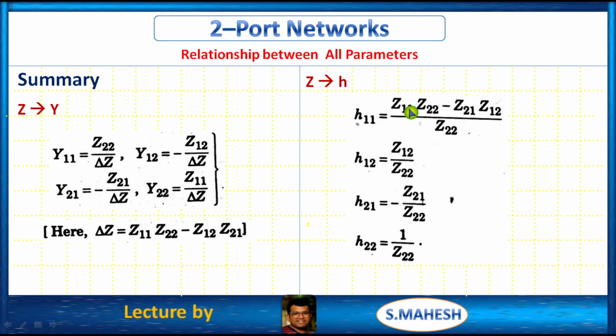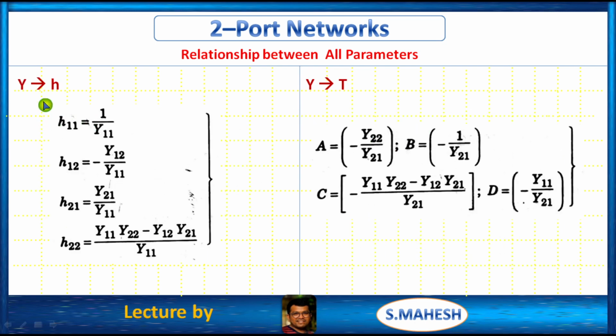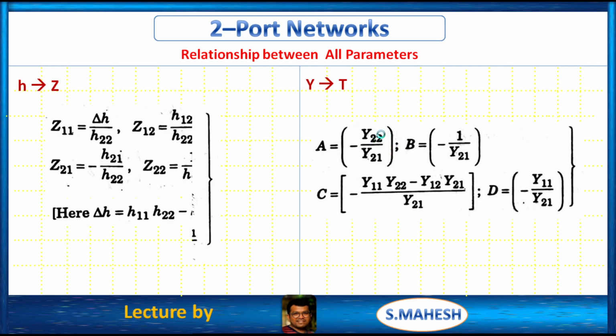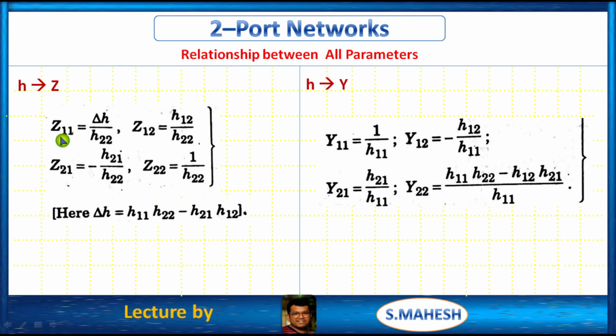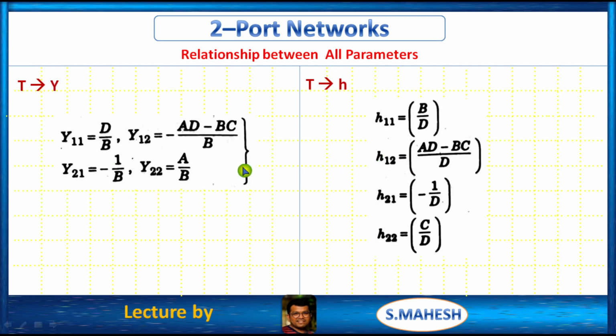Then Z parameters to H parameters, Z parameters to T parameters, Y parameters to Z parameters, H parameters from Y parameters, ABCD parameters from Y parameters, then Z parameters from H, Y from H, H from T, Z from T. That's all for different types of combinations from any data to any data.